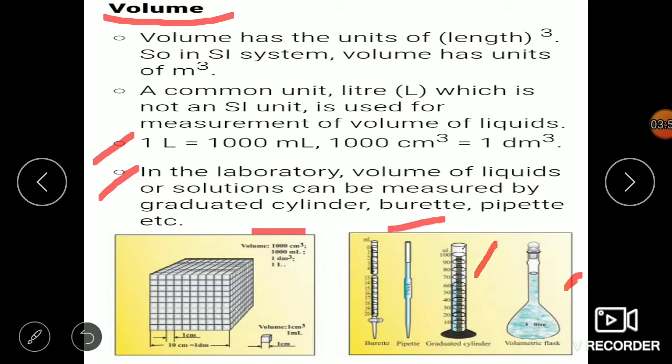This one is your graduated cylinder. This is called a pipette and this is called a burette. So these are the apparatus used in the laboratory to measure the volume of liquid or other solutions. The unit of volume is given as centimeter cube, dm cube, ml or liter.